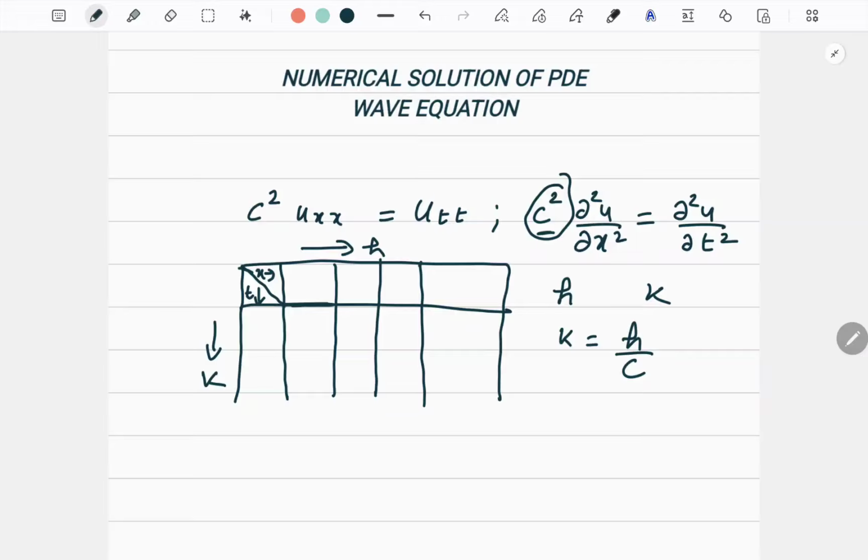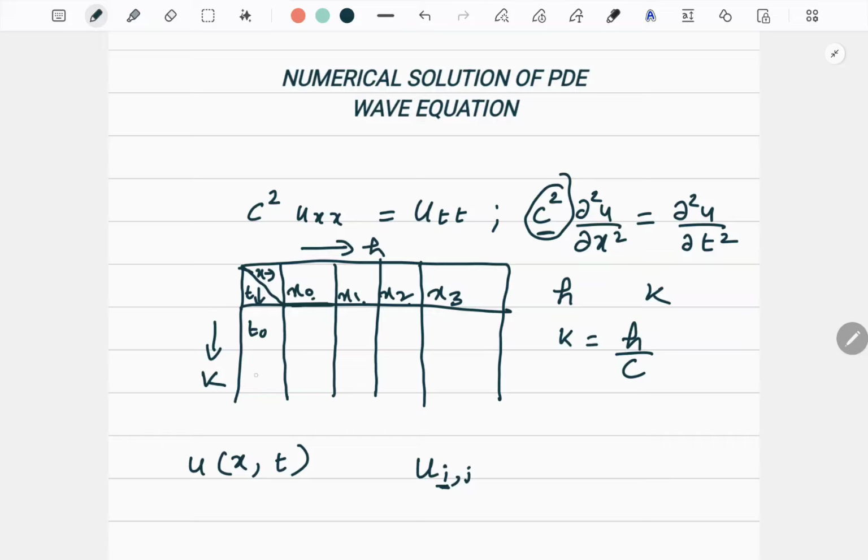The value of u in any mesh or in any box is represented by u(x, t). It means when x is x and t is t, what is the value of u? We represent it like this. And the position of the box is represented by i, j. Suppose I am writing x0, x1, x2, x3, so this i is nothing but 0, 1, 2, 3.